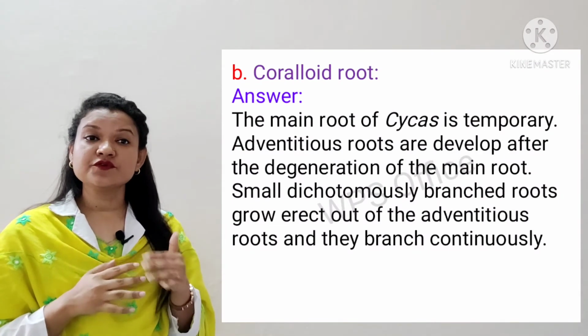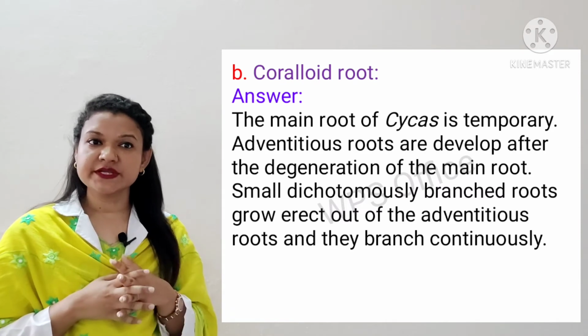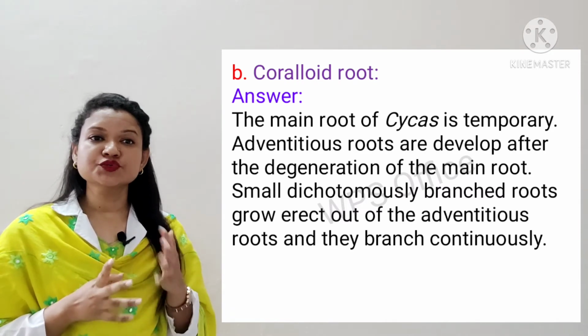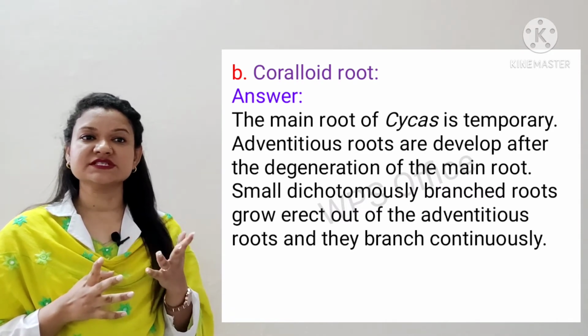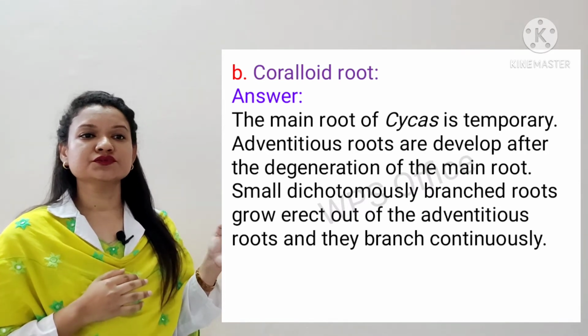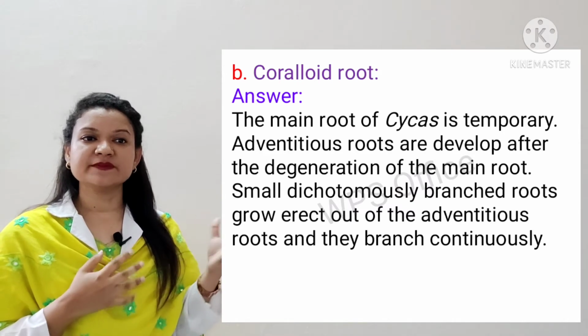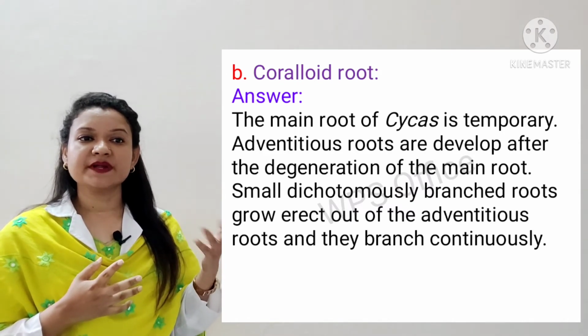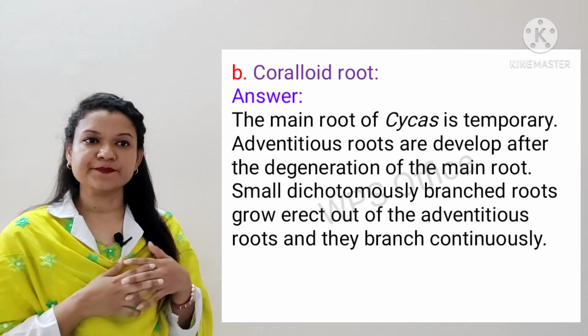The main root of Cycas is temporary, and adventitious roots are developed after the degeneration of the main root. Small dichotomously branched roots grow erect out of the adventitious roots, and they branch continuously.